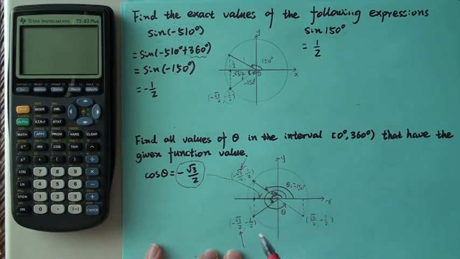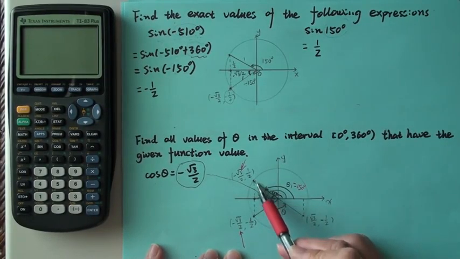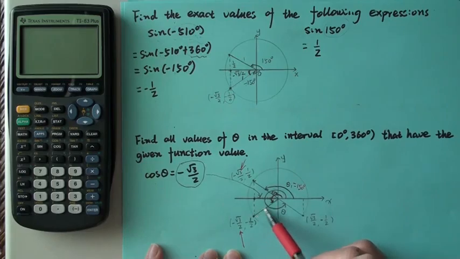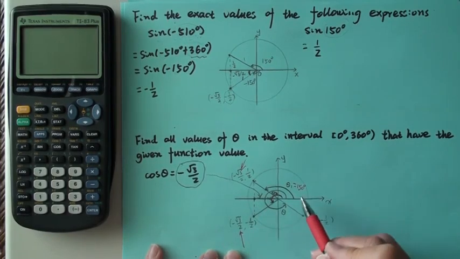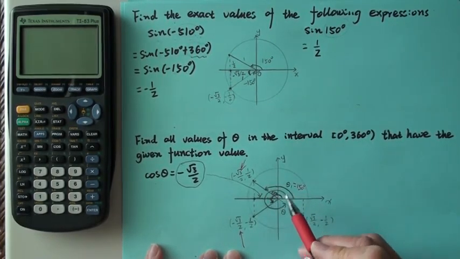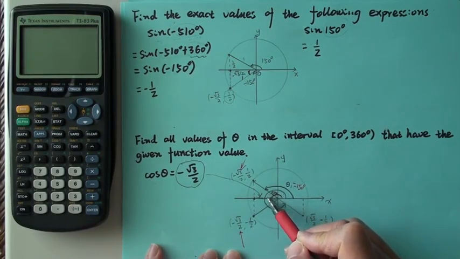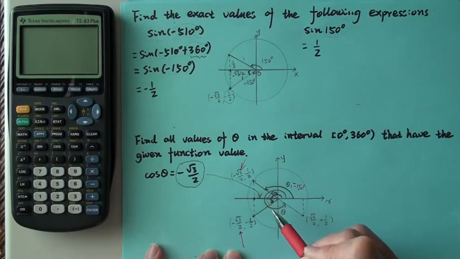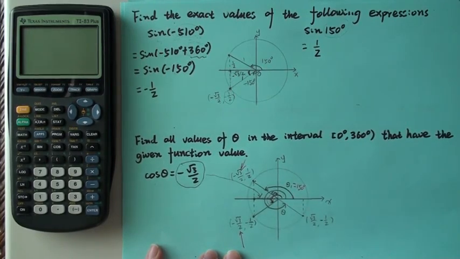How far it goes? You see those two triangles are symmetric. We know this is 150, so this part would be 30, and we have another 30 right here. So together it is 60.